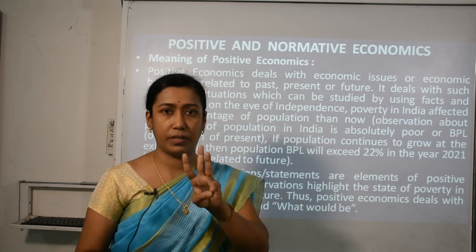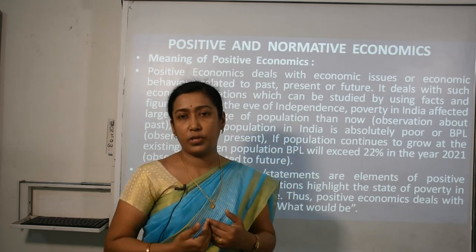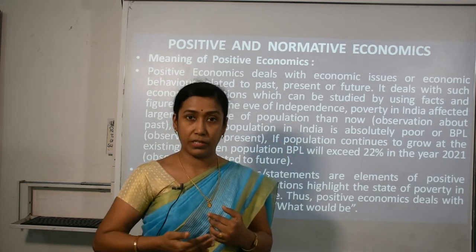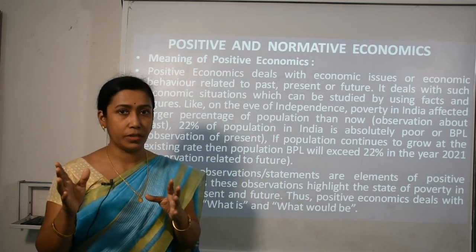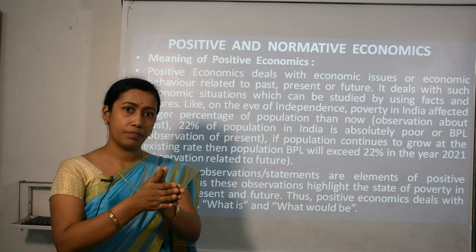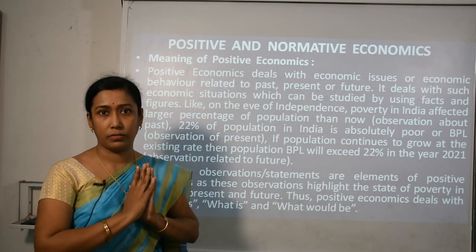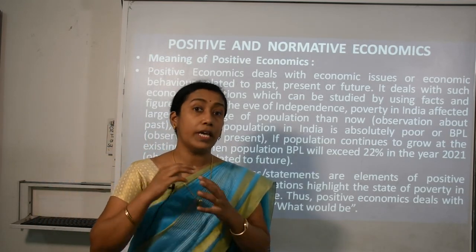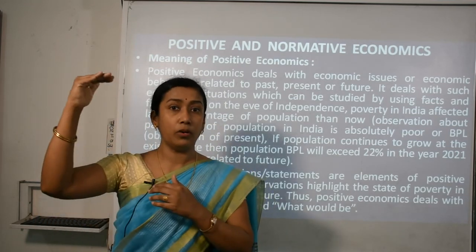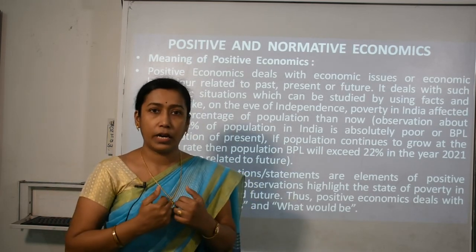Now 3 aspects about poverty we have taken: the observation of past, observation of present and observation of the future, which is uncertain, okay. So when we compare this, we can study it with the help of positive economics. Various kinds of economic issues are looked after by economists and the people in administration. It's not our matter.